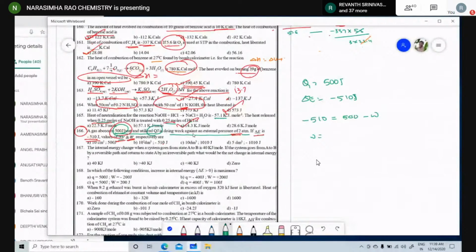Work is done against. So minus W is equal to, so this is 1010 joules minus. Let's see, just wait.